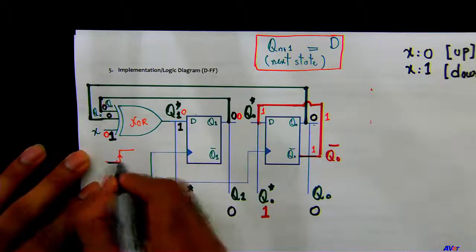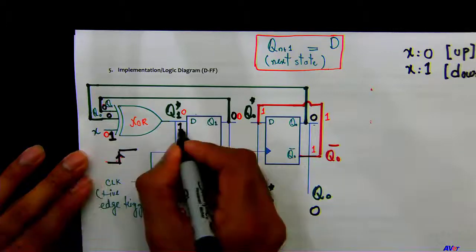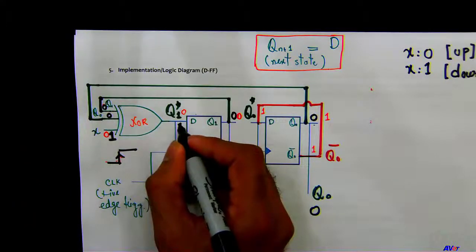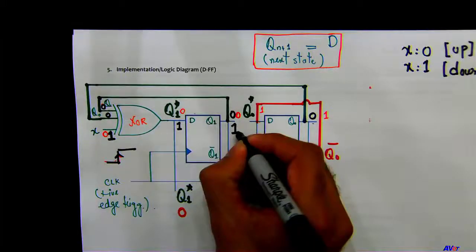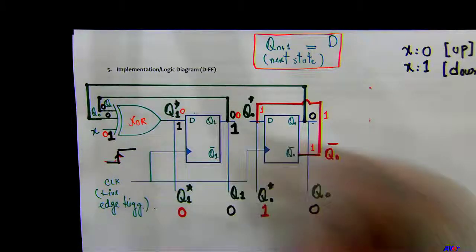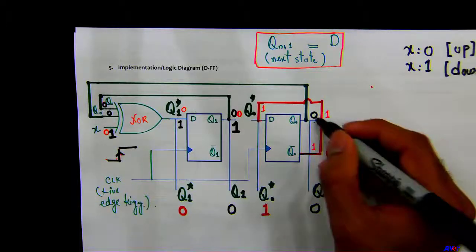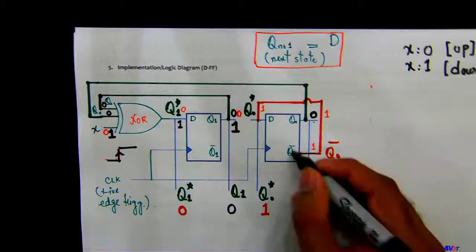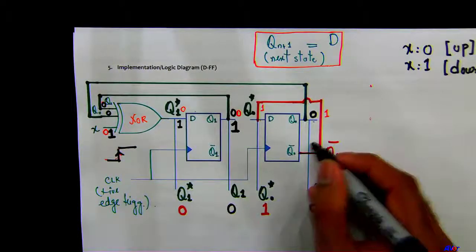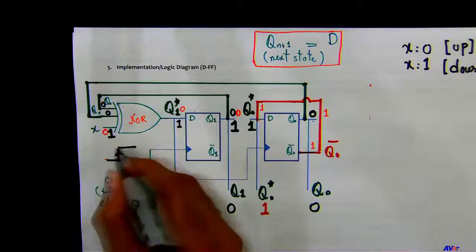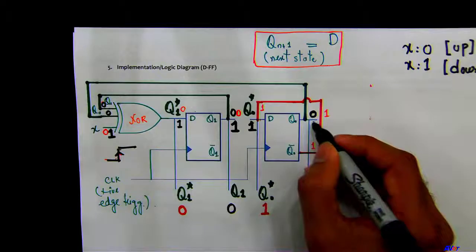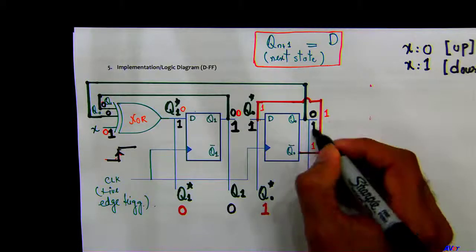The clock comes in. This data bit at the input of the D flip-flop will be loaded into this flip-flop. So this will be 1, correct? Okay, all right. Initially, this was 0. So the Q0 bar is going to be 1, which is fed into this flip-flop. Clock comes in again, and the output will be loaded into this flip-flop, which will be 1.